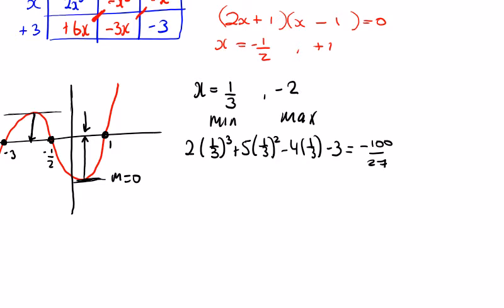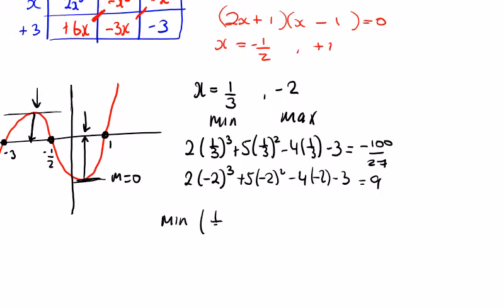It works out nicely. And if we put minus 2 in, 2 by minus 2 cubed plus 5 by minus 2 squared minus 4 by minus 2 minus 3, it has to give me a positive number, and it does. It gives me 9. So my minimum point is a third, minus 100 over 27, and my max is minus 2, 9.